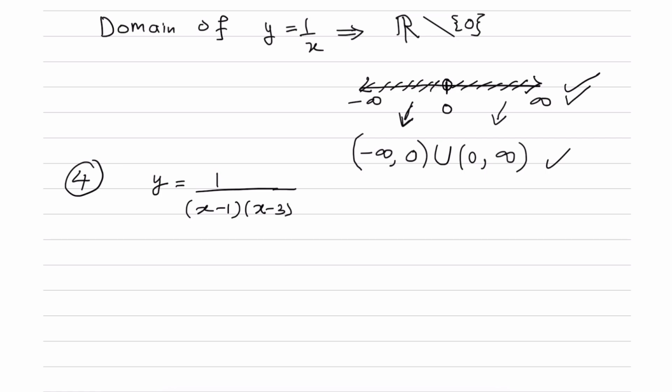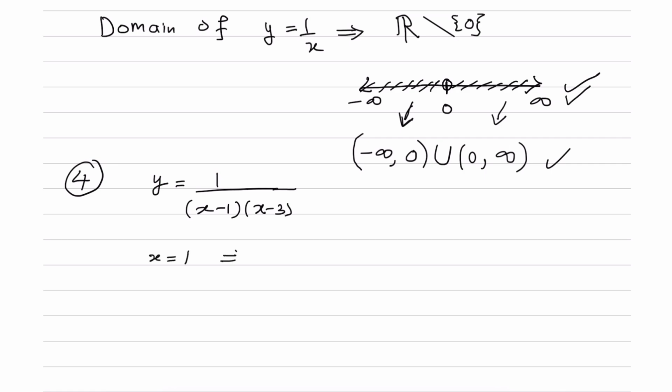But if by plugging in any number I get something undefined for y, or a complex number for y, we will not include those x's in the domain. So here we can immediately say that there are two numbers which, when we plug them in place of x in y, give us something undefined. One is x equal to 1.